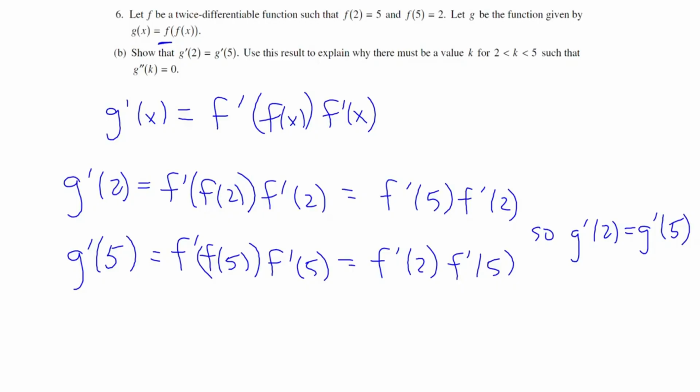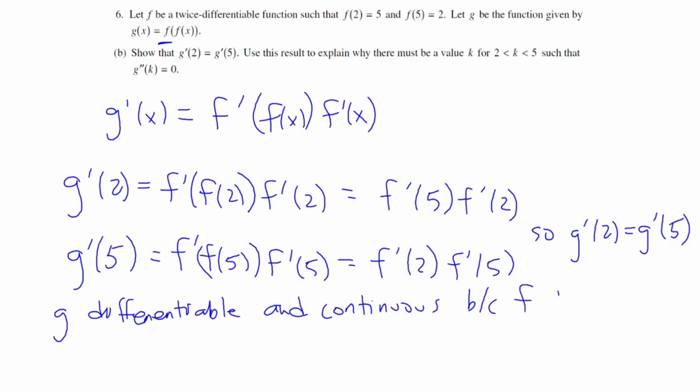And we know that f is twice differentiable, and g is just a composition then of two twice differentiable functions. So therefore, g is differentiable and also continuous. It must be continuous if it's differentiable. And so we can again use the mean value theorem. And we'll make a note just because f is differentiable.